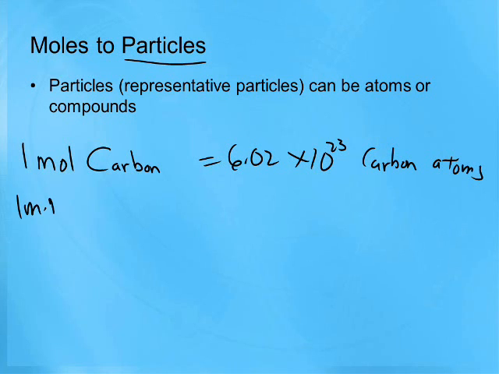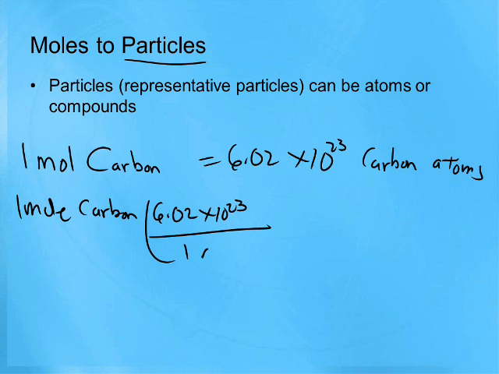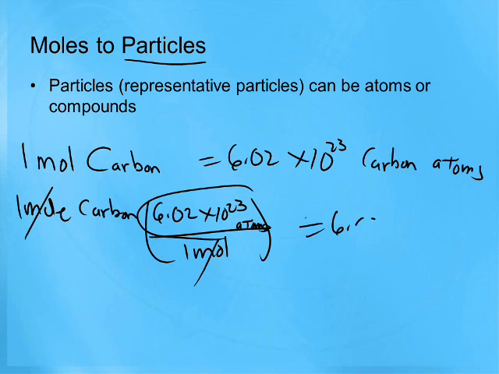So 1 mole of carbon multiplied by 6.02 times 10 to the 23rd over 1 mole. And that just cancels out, and we get 6.02 times 10 to the 23rd, of course.